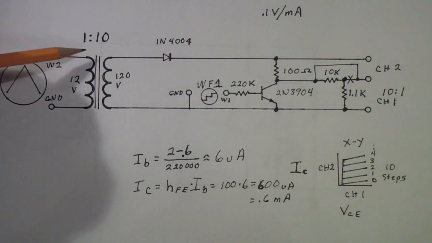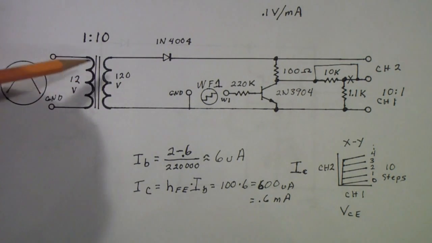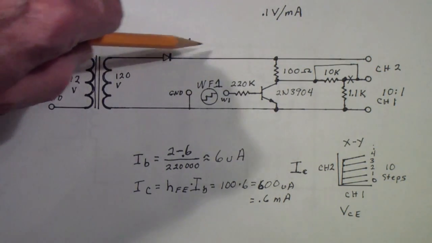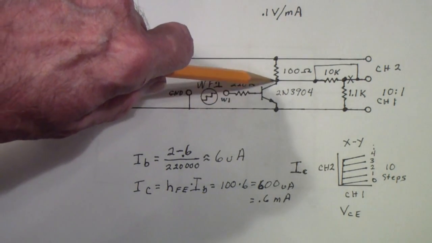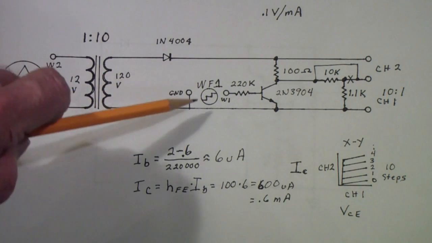generator 2 through a filament transformer hooked up backwards to provide a 1 to 10 step up, then a diode to make sure that we don't exceed the reverse voltage capabilities of the transistor we're operating under.